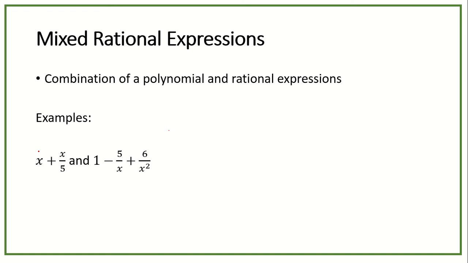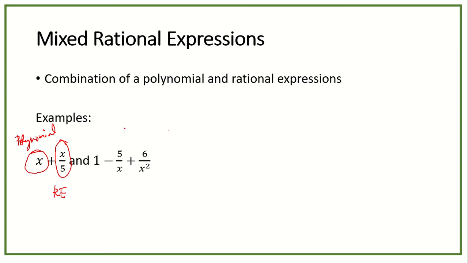Our polynomial here is the x, and our rational expression is x over 5. So it's a combination because we're adding a polynomial and a rational expression.